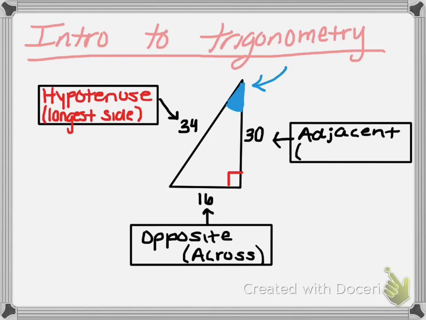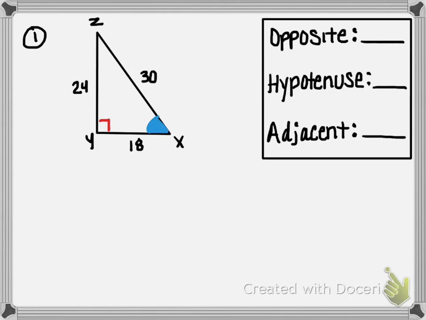Side 34 also sits next to it, but because side 34 is the longest side, that must be our hypotenuse. So it's adjacent because it's next to that angle. And those are the 3 different classifications that we're going to be using today when talking about our right triangle sides. So we're going to try a couple of them together. And today's not really a whole lot of math involved. It's more just identifying so that we can get to the math next class.